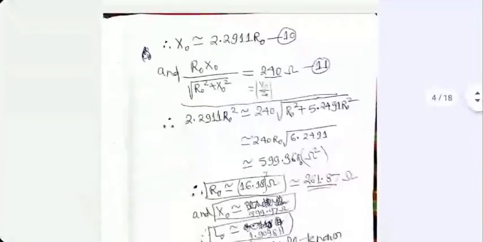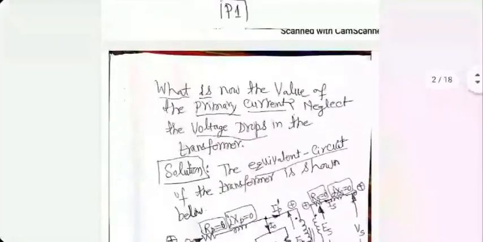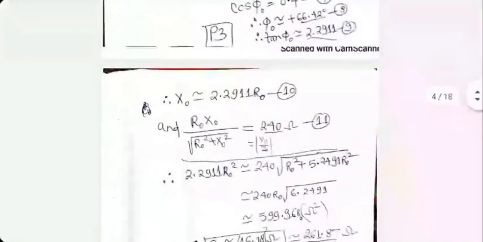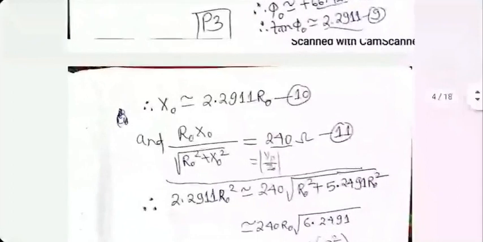So equation 6 gives you X0 equal to R0 tan phi naught, which becomes 2.2911 R0. And the magnitude of Z0, obviously, because you are supplying 240 volt in the no load case, and you are having 1 ampere current, so magnitude of Z0 will be 240 ohms. So I write equation 10 and 11.